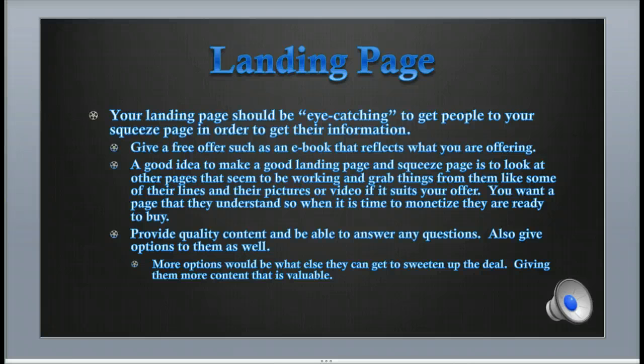The more options would be what else can sweeten up the deal, giving them more content that is valuable. So you're giving them more things that are valuable. You're giving them content. You are able to answer any questions because you know your product, okay? And the reason why you know your product, we're going to get into in the next couple pages here as well.